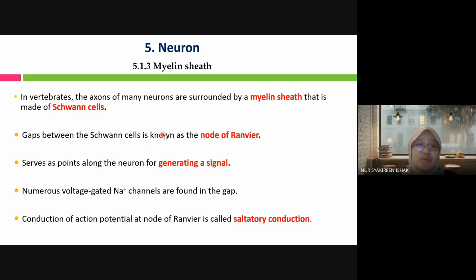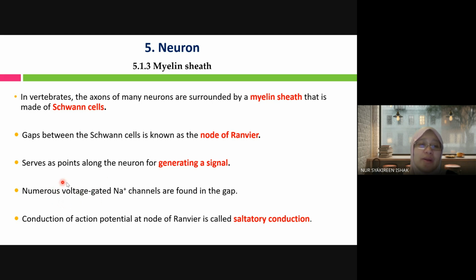The gaps between Schwann cells are known as nodes of Ranvier. They serve as the points along the neuron for generating a signal. The nodes of Ranvier serve as the points for the neuron to transmit or generate impulse. The signal is the impulse. At the nodes of Ranvier is where you can find voltage gated channels.